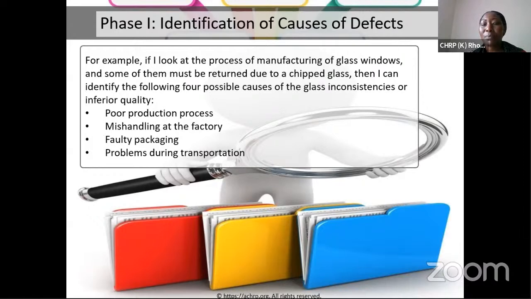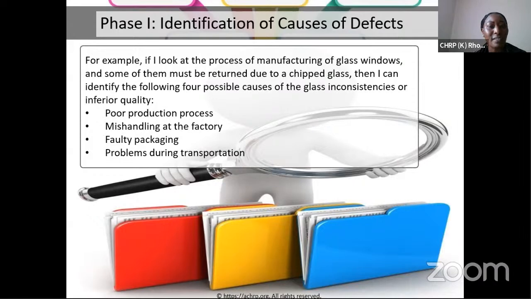So when they were coming up with some of the possible causes of the glass inconsistencies, maybe the inferior qualities, maybe the breakages, one possible cause they picked, in this case study, was poor production process. The way the glass is being handled during the production process could be a possible cause.